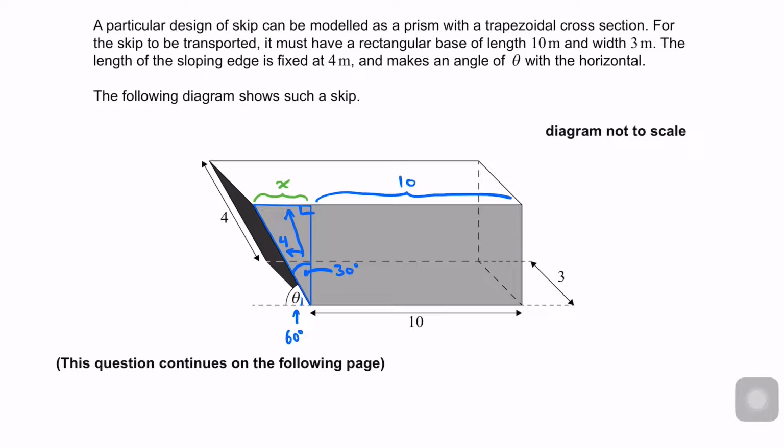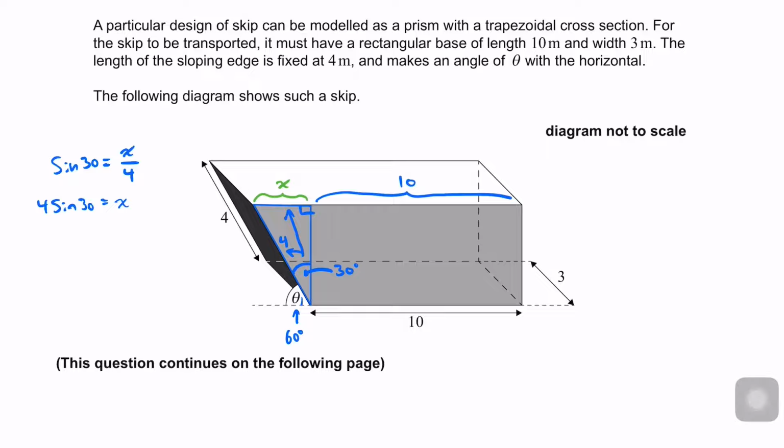So if we want to find x, we can use a sine ratio. Remember SOHCAHTOA. So we've got sine 30 degrees is equal to the opposite over hypotenuse, and then just a little rearranging, 4 sine 30 is equal to x.